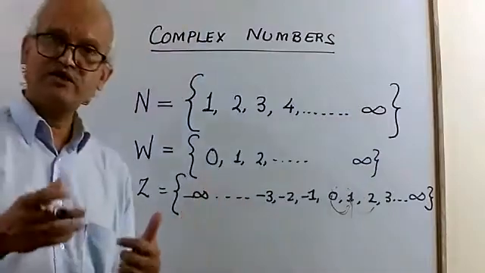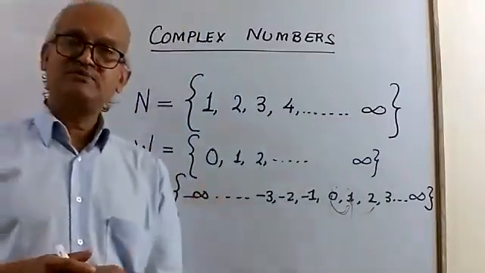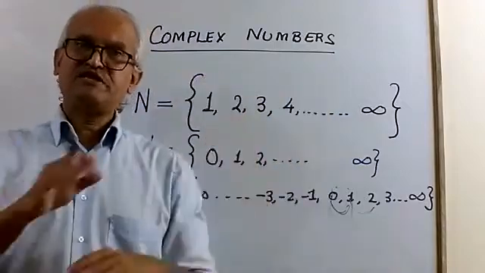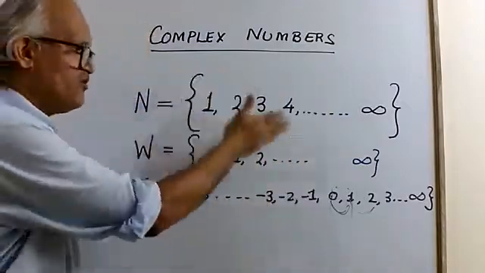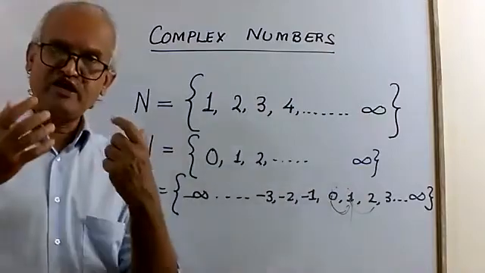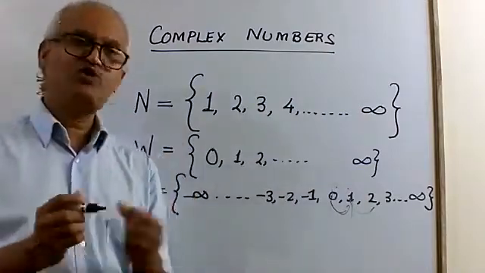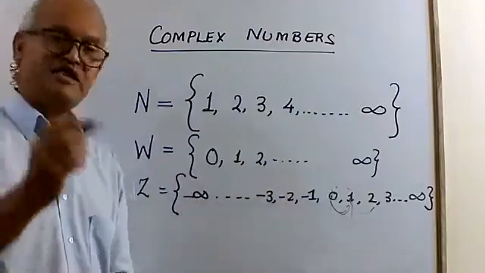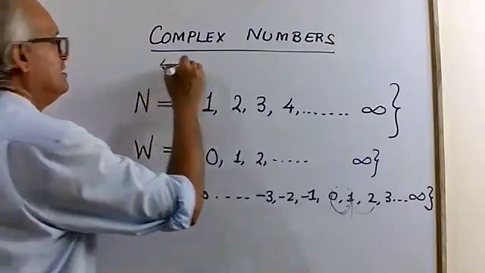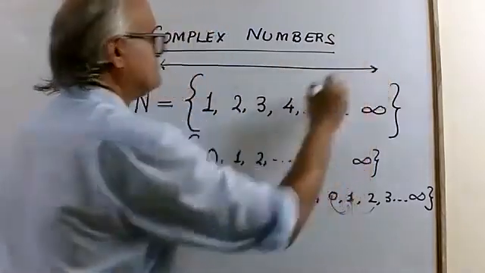And we also introduce over here something called a number line, which is the geometrical representation of all these numbers. In other words, in the form of a figure, in the form of a diagram, if you want to represent these numbers, then we can take the help of a line, something like this.